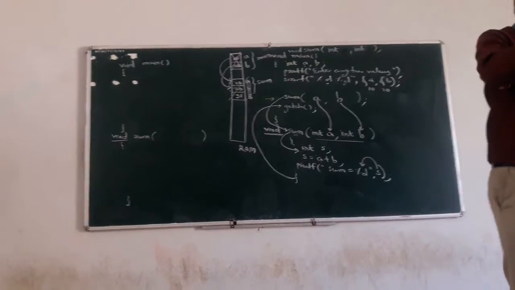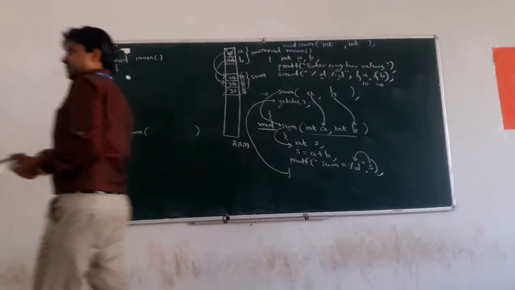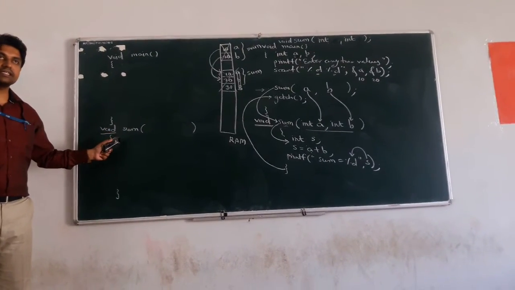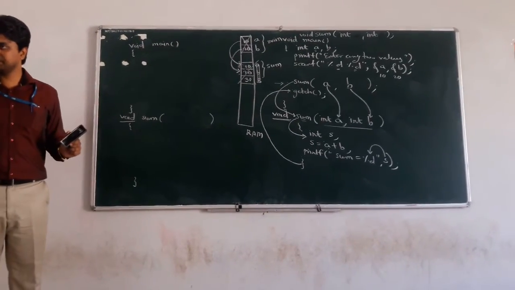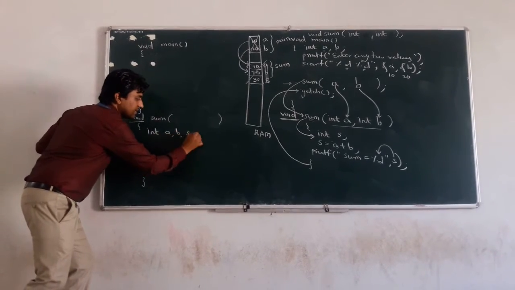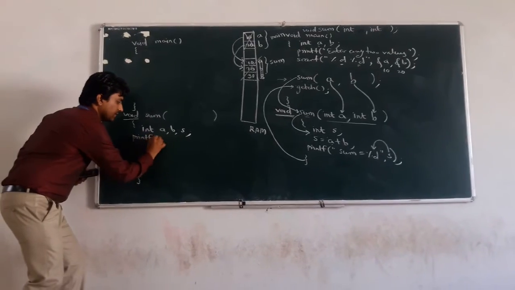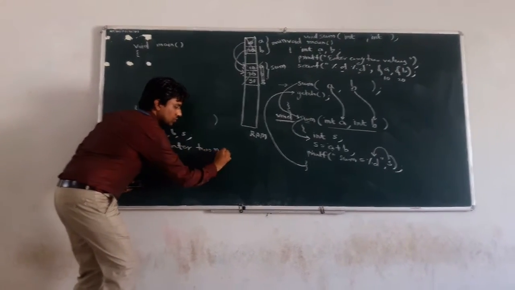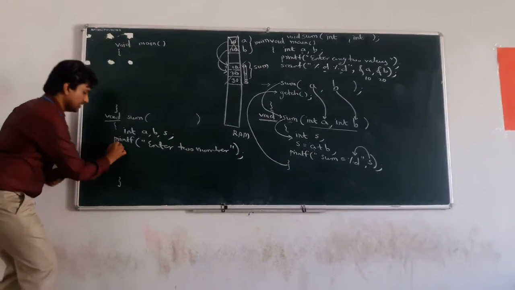So as per that, we can design the function. What is sum? As per the discussion, main told sum that you can take two values from the user yourself. So you have a, b and s. First, printf, enter two numbers, double quotes complete, semicolon.